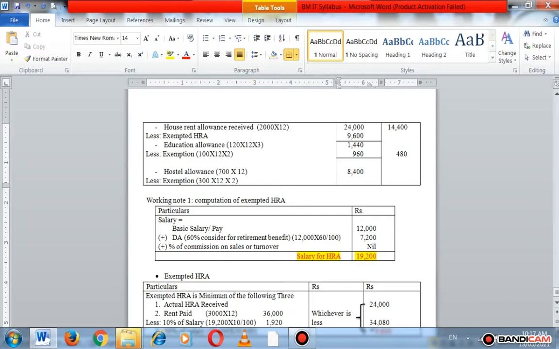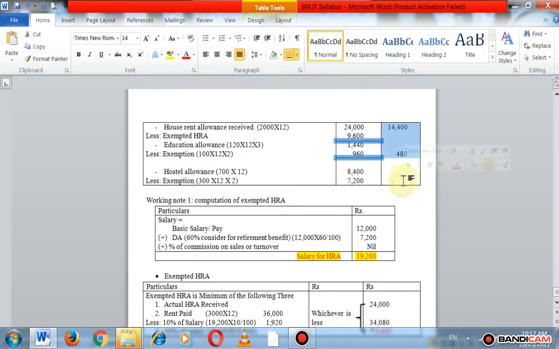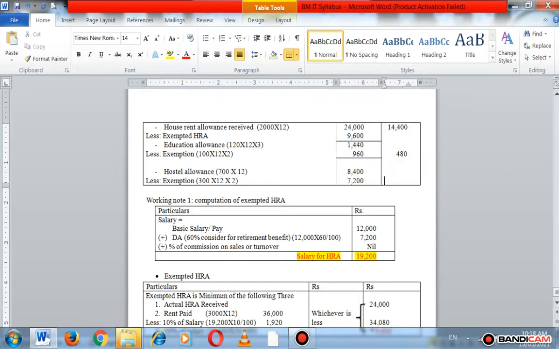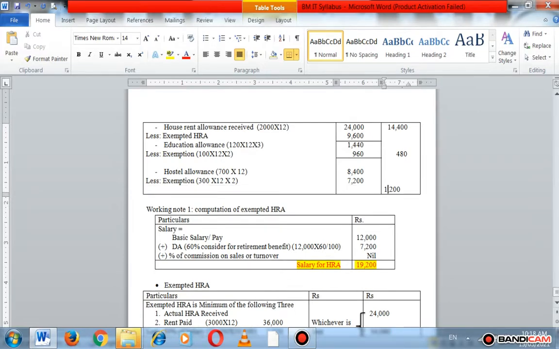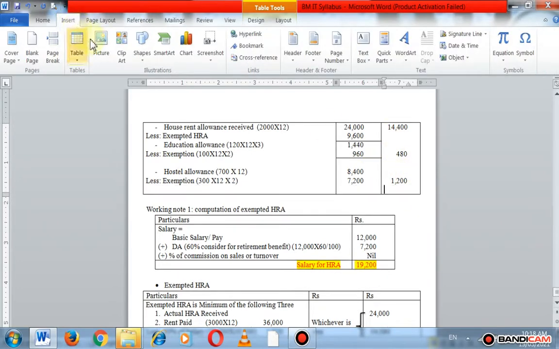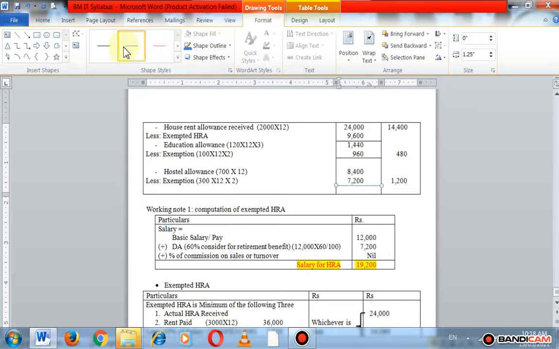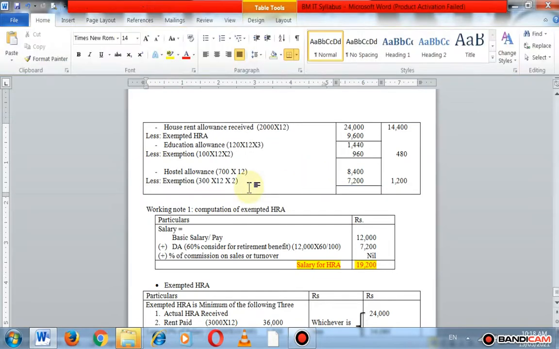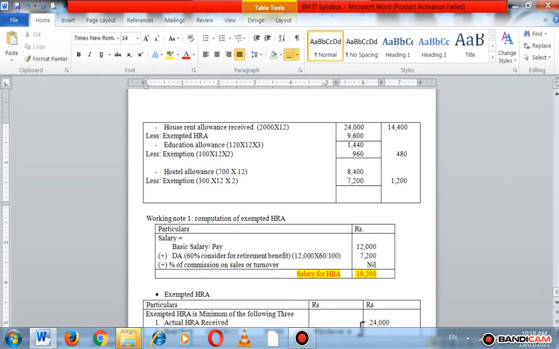So here 7,200 is exempt, and the remaining balance is taxable, amounting to rupees 1,200, the taxable hostel allowance.